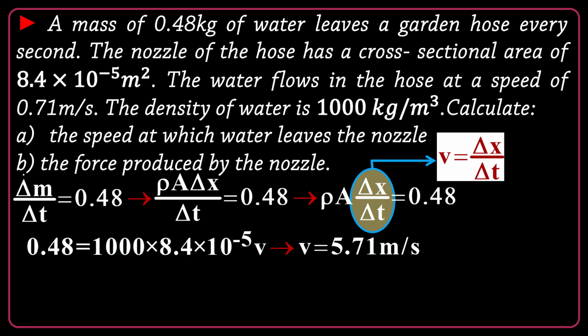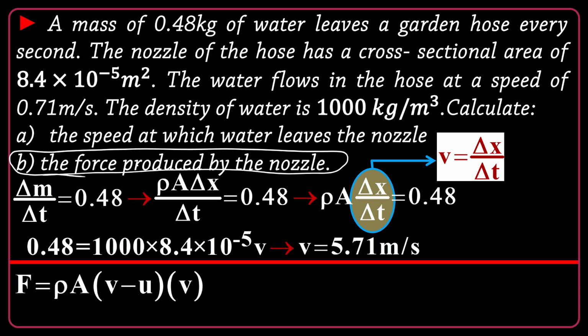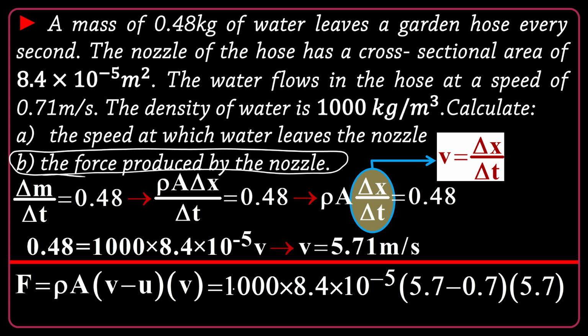The part B of the question, the force produced by the nozzle, is exactly the nozzle effect. As I mentioned, this force is going to be rho A, V minus U, the change in the speed in the nozzle, times V, the output speed. Let's plug in the values.